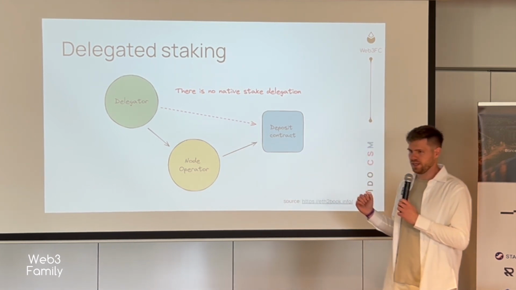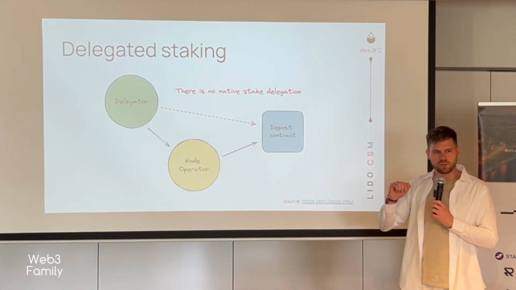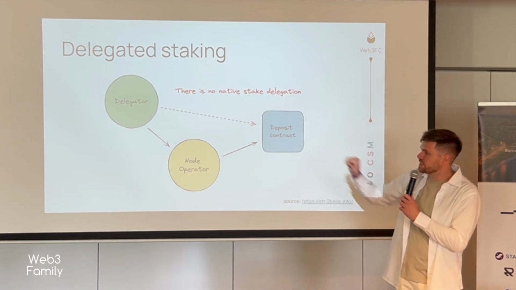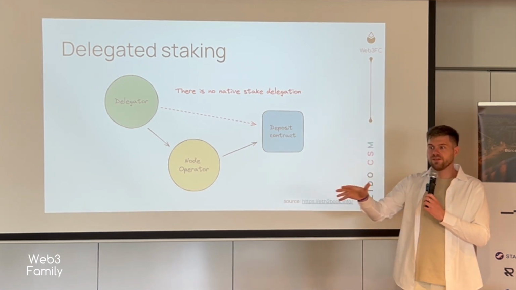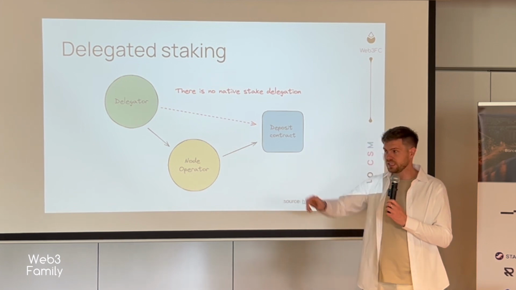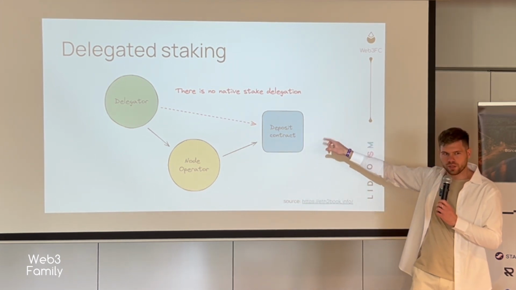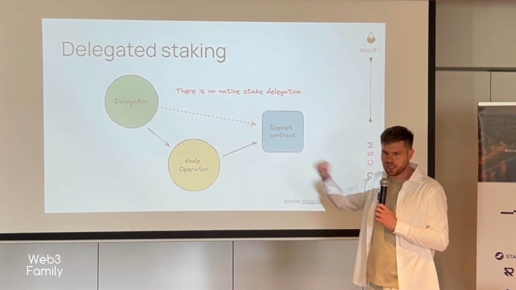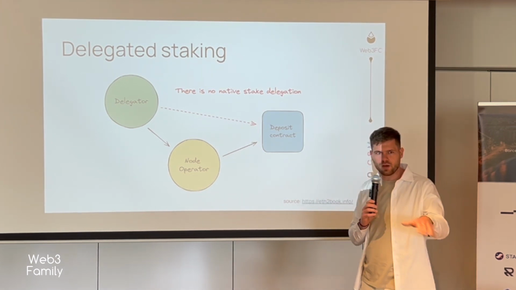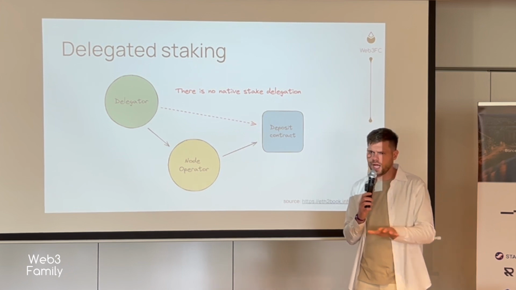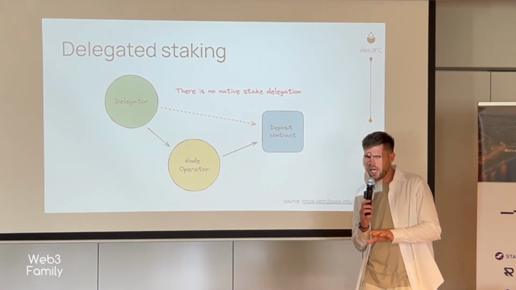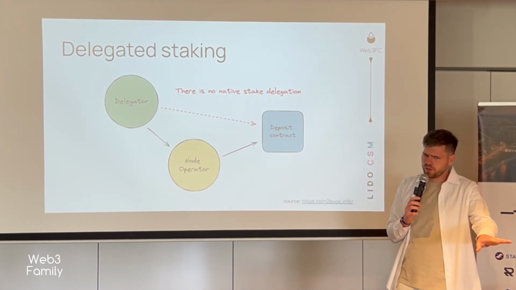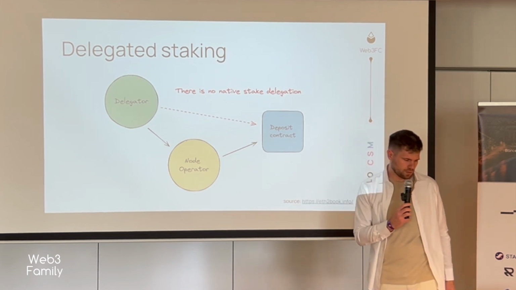There is no such thing as delegation on the protocol level. So the only way for the delegator to give his stake to the node operator is not by using the network or the core protocol, but by communicating directly with the node operator. So making an off-chain agreement about, okay, I'll give you the money, what will you give me back, can I be sure that you will give it back, and so on and so forth.